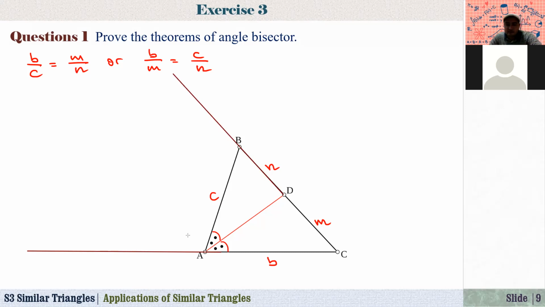Something like this. Now let me draw a line that is parallel to AD. So how can I do this? Maybe something like this.